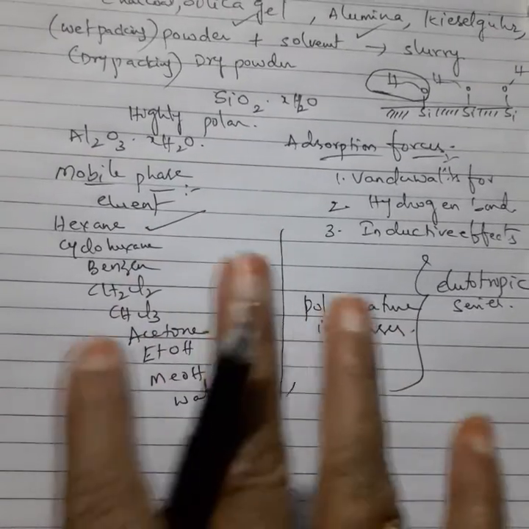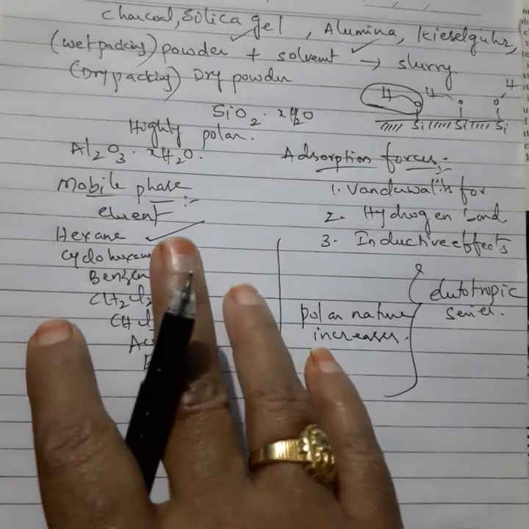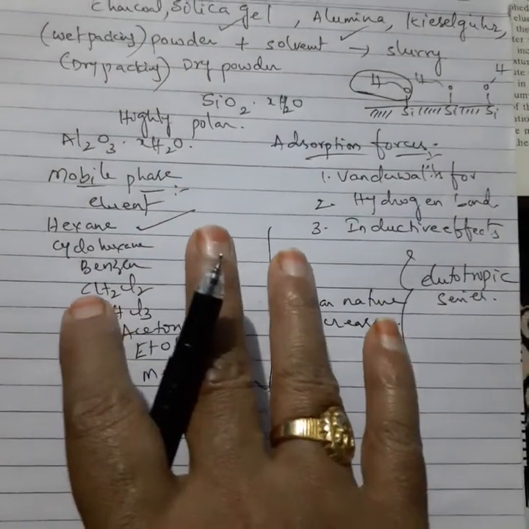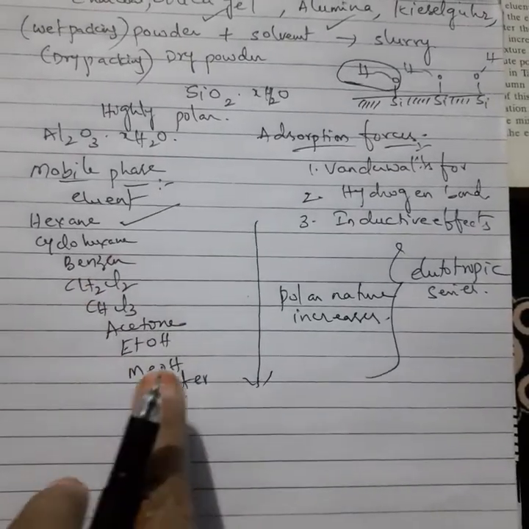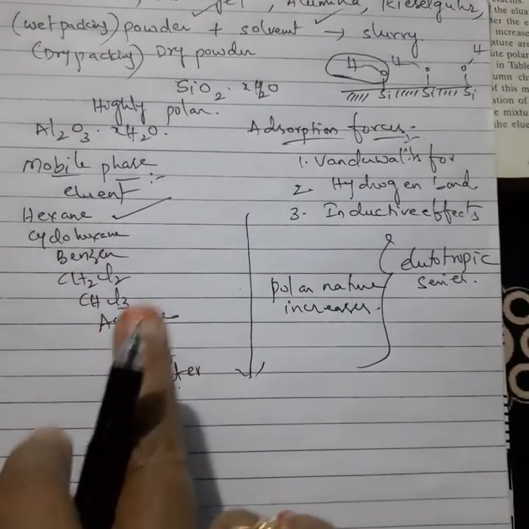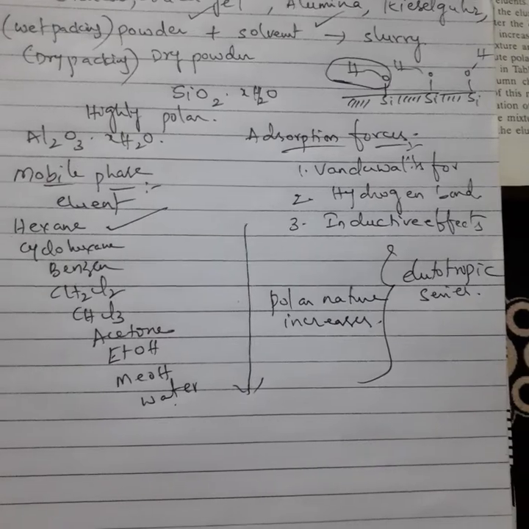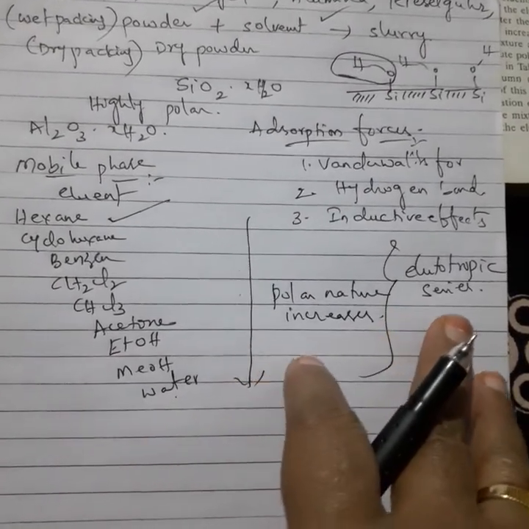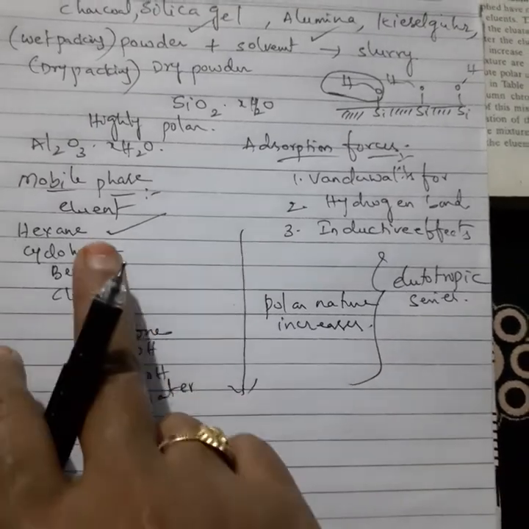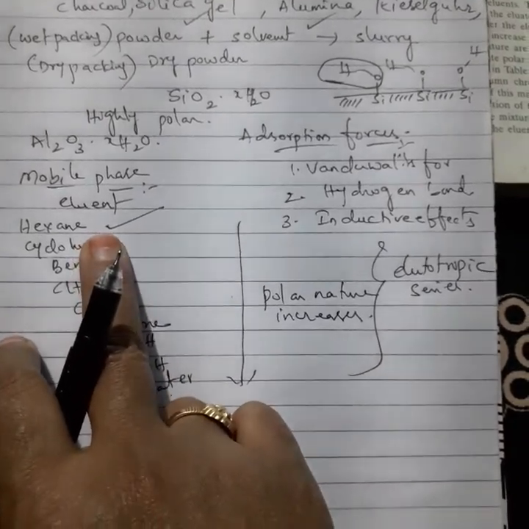Once again I am telling you, for the mobile phase we need to select an organic solvent, also called eluent, and different organic solvents are placed depending upon their polar natures in the form of a table, which we call the eluotropic series. Initially the selection of solvent should be non-polar.